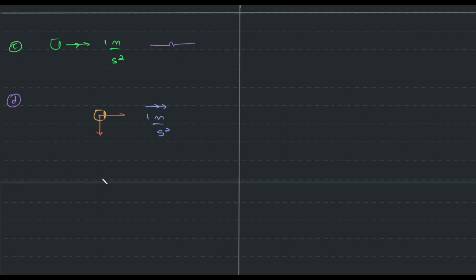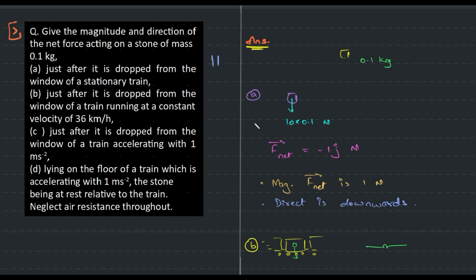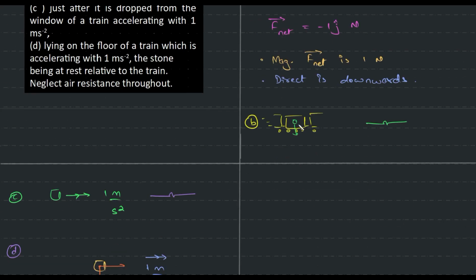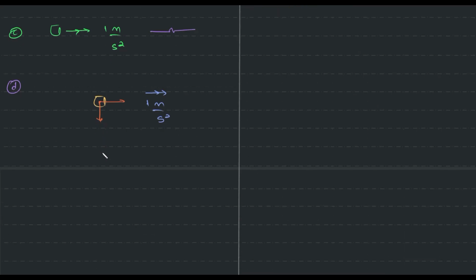In other scenarios, you're dropping it in a stationary train, or from a train which is already moving, or from a train that is accelerating, but you're dropping it and then looking at the force acting on it. But in this case, the stone is in the train which is accelerating. I hope you can see the difference.